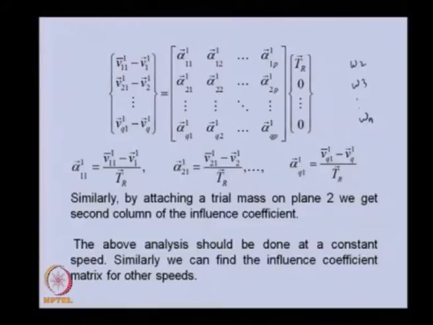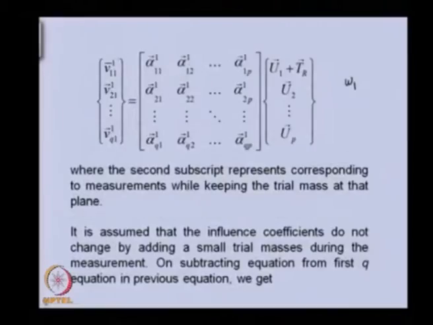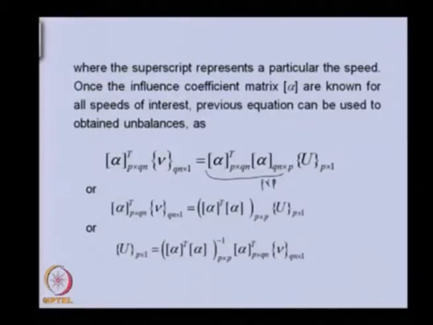Once we obtain this influence coefficient for all the speeds, then we can get the residual unbalance in p number of planes, using this expression which is independent of speed.